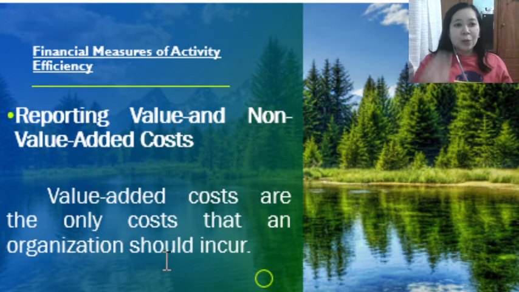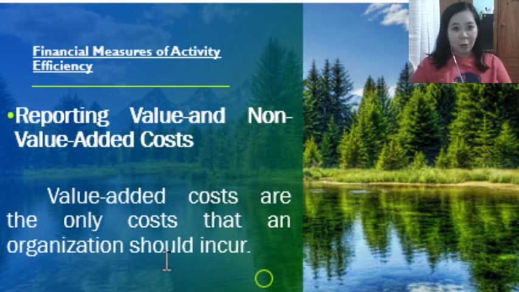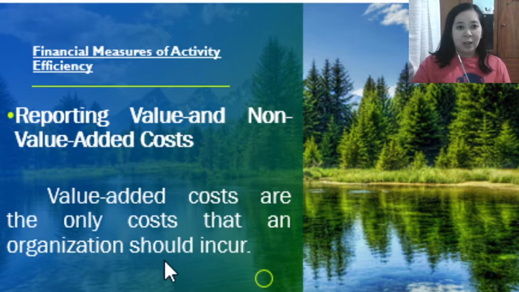For reporting value added and non-value added costs, value added costs, as described in our previous video lecture, are the only costs that an organization should incur because they add value to the customer, to the product, and to the organization.